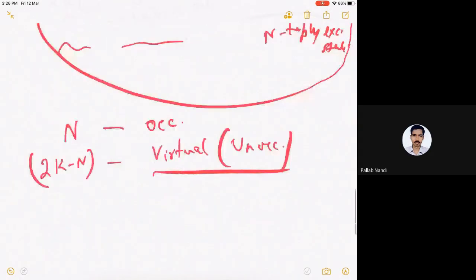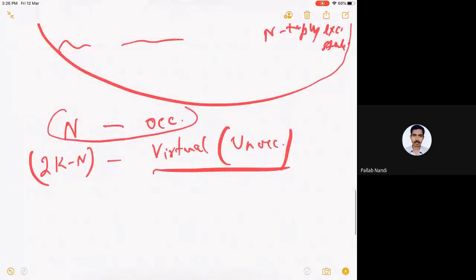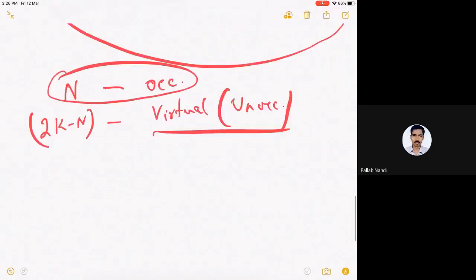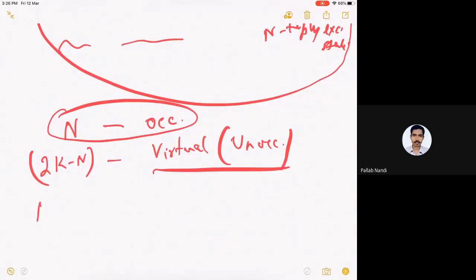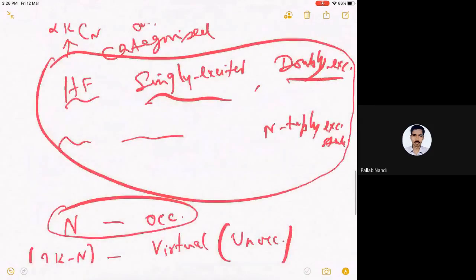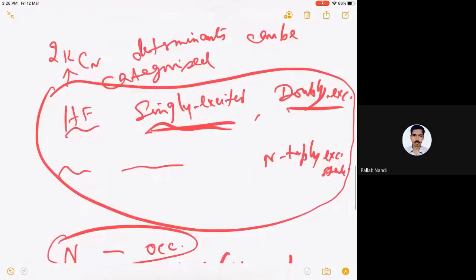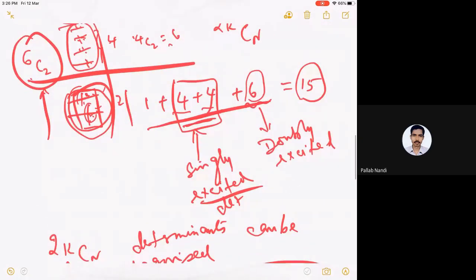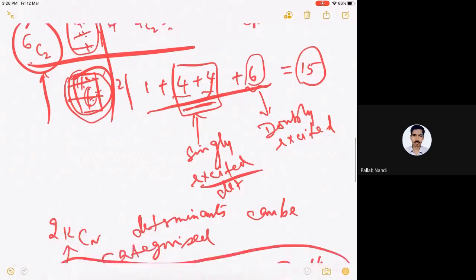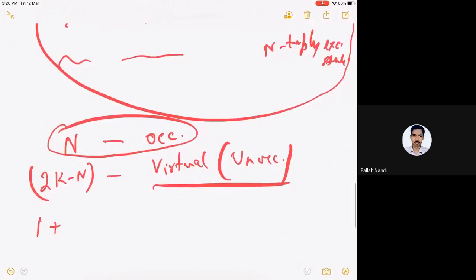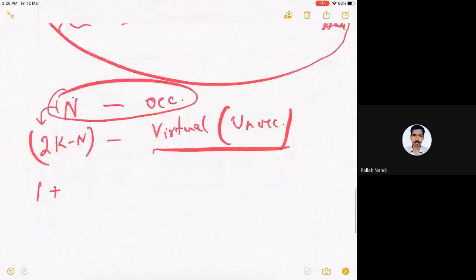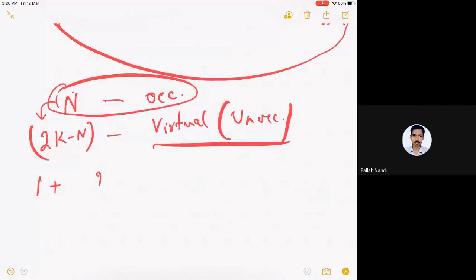Hartree-Fock is just one determinant where all n electrons are here. So what is the number? That number is only 1. Plus, how many singly excited will be there? Just like here I calculated, 4 plus 4, right? Here how many will be there? From each occupied orbital to each virtual orbital. So the number will be 2k minus n times n.